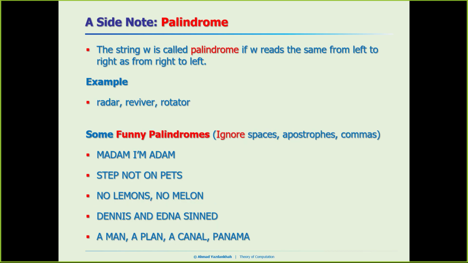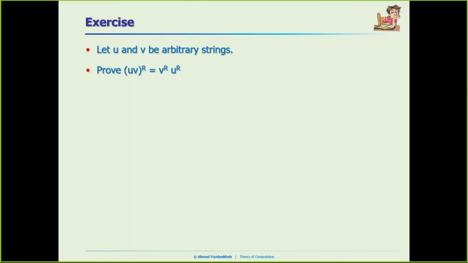I have an exercise for you guys here. You are going to prove that if we have a concatenated UV and then reverse that, it is equivalent to the reverse of the second one and the reverse of the first one, concatenated.